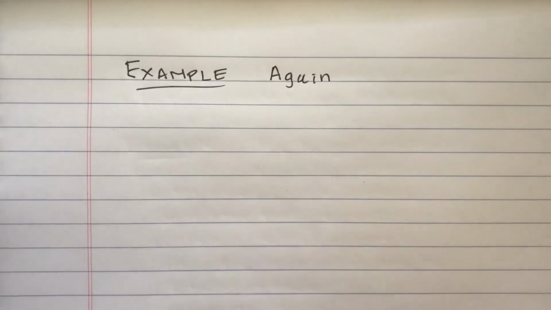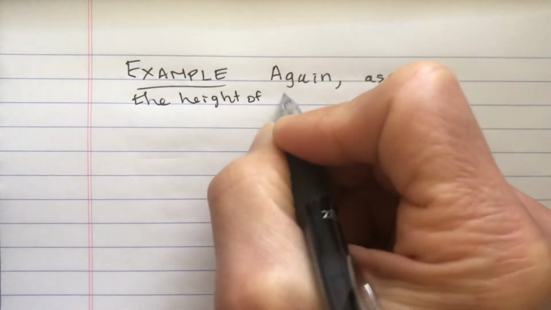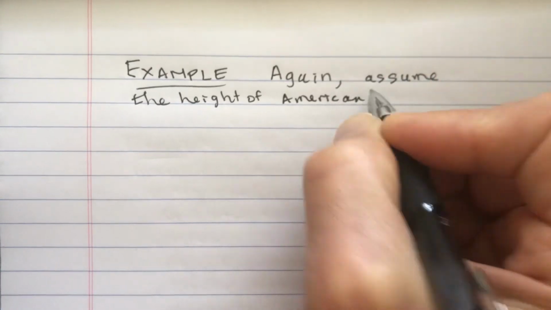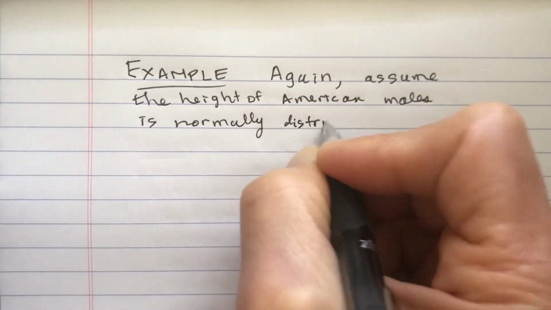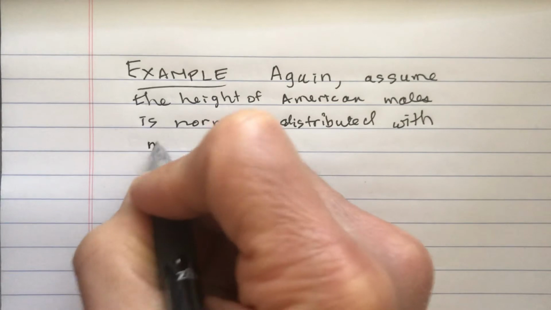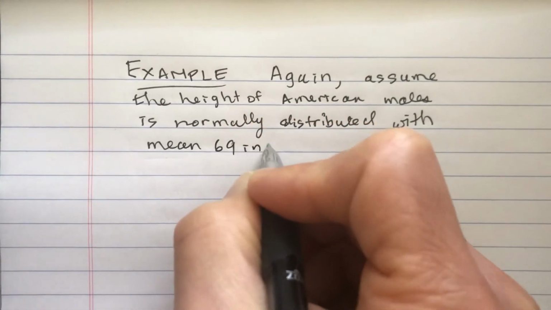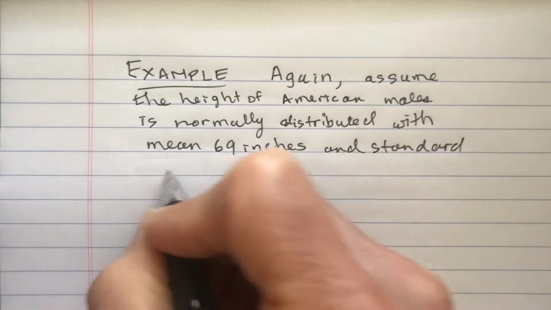Again, assume the height of American men is normally distributed with mean 69 inches and standard deviation 3 inches.